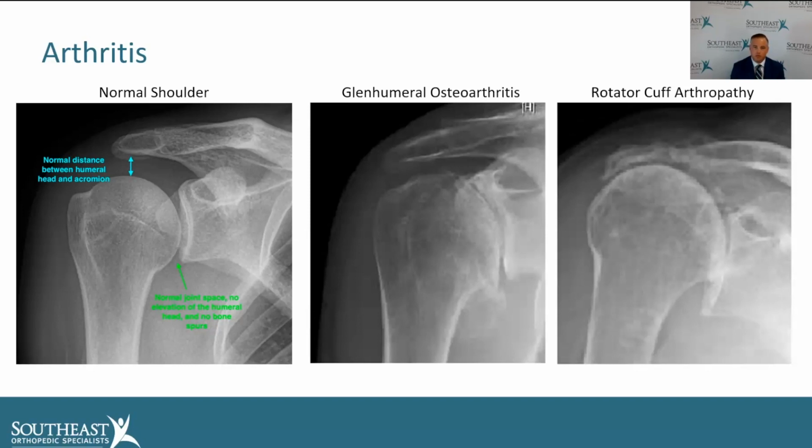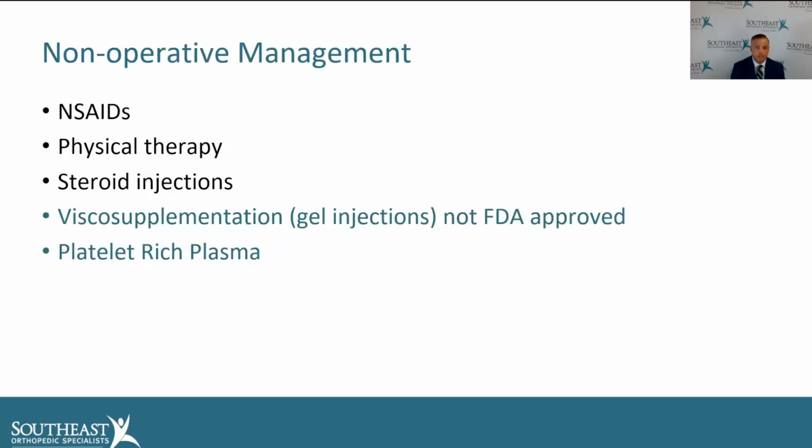So this is pretty significant glenohumeral osteoarthritis, as opposed to the picture on the far right, which is rotator cuff arthropathy, where there are still arthritic changes, but this is in the setting of a chronically deficient rotator cuff, or a chronic rotator cuff tear. This humeral head has begun to migrate upwards into the acromion, eroding that acromial interval space and leading to arthritic changes. And we treat these two kinds of arthritis differently.